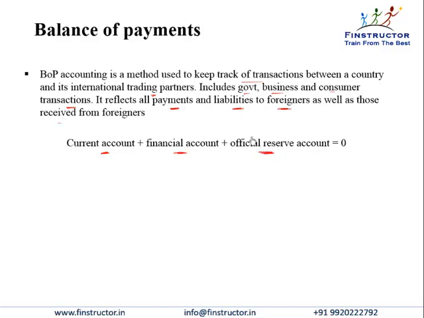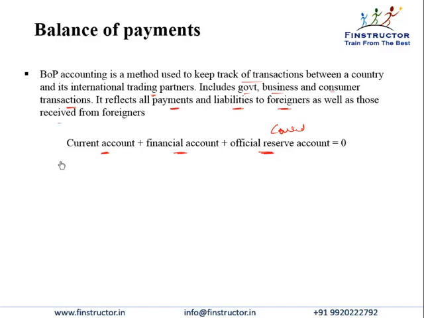Official reserves is the reserves of foreign currency kept by the central bank of the country. Generally, the official reserves account does not fluctuate much. So for the purpose of analysis, it is often kept constant and we try to see the changes in the current account and the capital account.